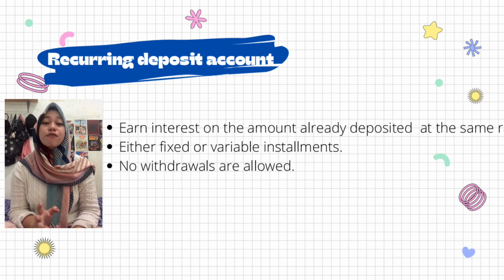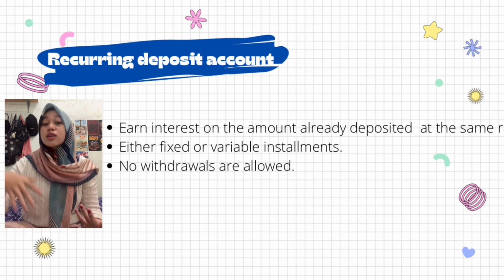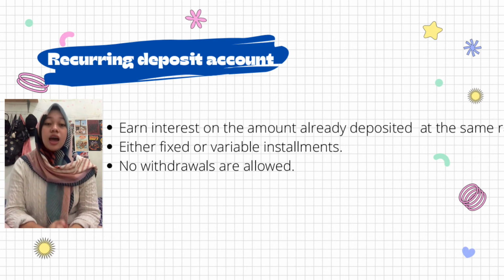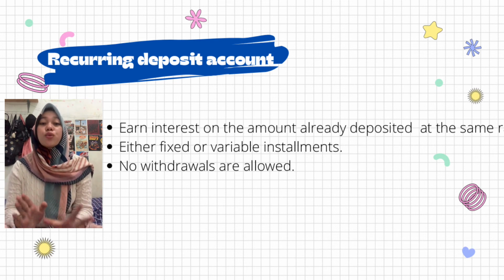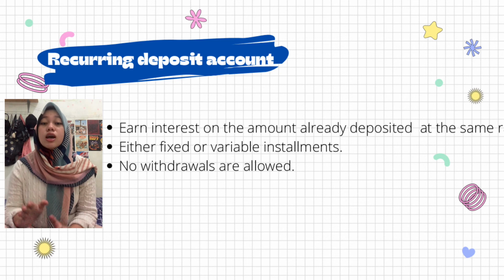So, you can have fixed installment, which is 1,000 rupees per month. Or variable, for example, 1 month you enter 1,000, and the next month you enter 2,000, and so on and so on. And then no withdrawals allowed. But some banks allow closing of account before the maturity period. These banks generally charge a penalty rate.